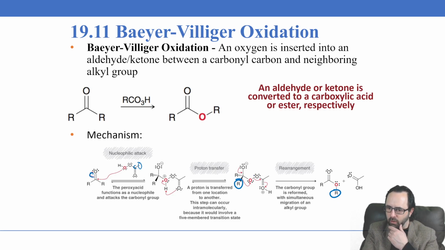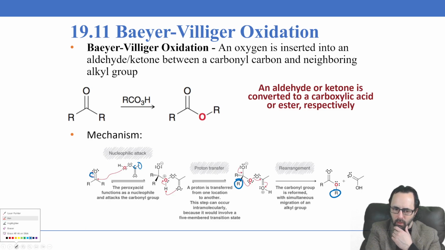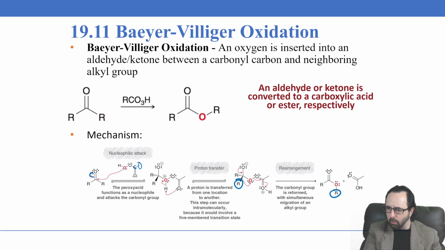We had a breakage of this bond right here, and so it's no longer there, but we're going to have now a double bond between this carbon and this oxygen. So we have this oxygen here now making a double bond with this carbon, and now the movement of these electrons here makes a single bond between this carbon and this oxygen. And now this oxygen will once again have two lone pairs and 2 bonds, giving it 0 formal charge.